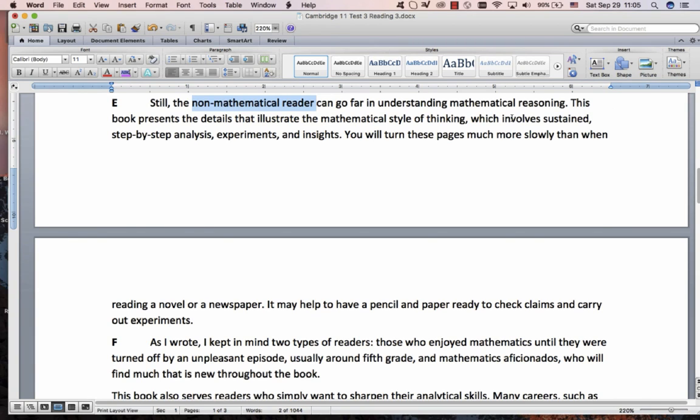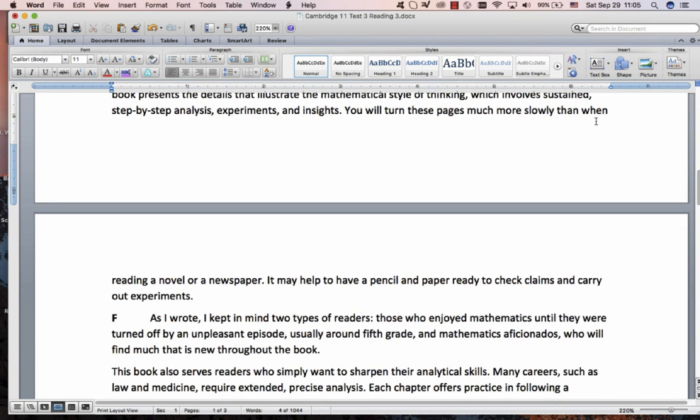This book presents problems that illustrate the style of thinking, which involves sustained step-by-step analysis, experiments, and insights. You can do any one of these, so maybe it's those, but again, it's a list of 3. So how do we know which one is more important? It can't be one of those because we don't know which one to choose. Let's continue. Turn the pages slowly. Where's perform?